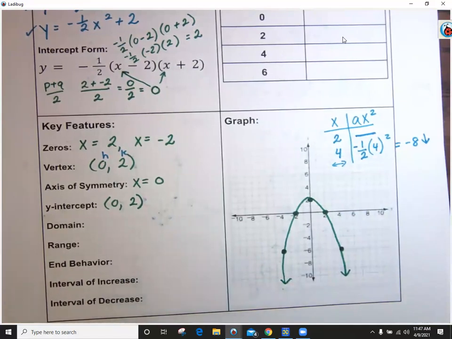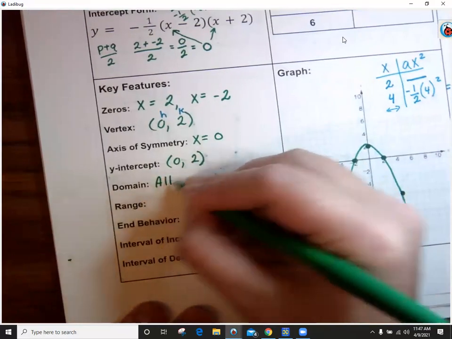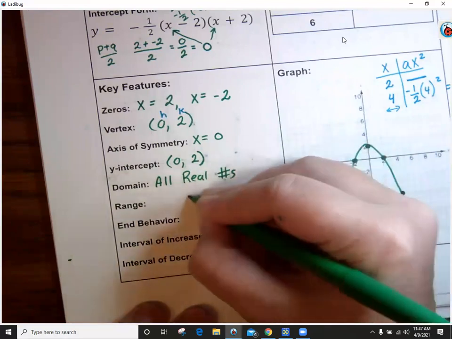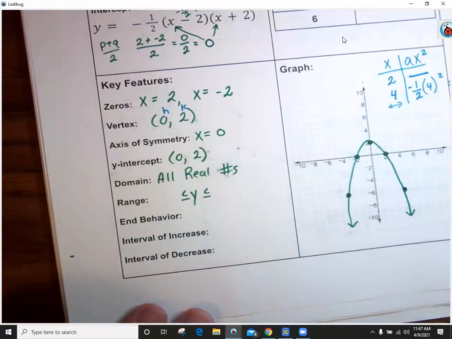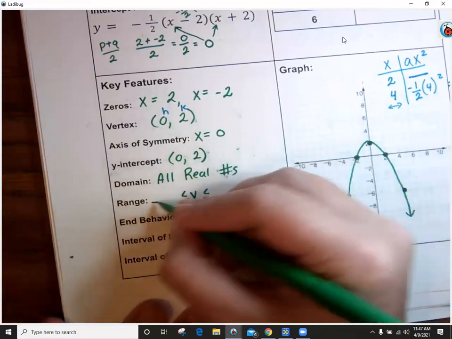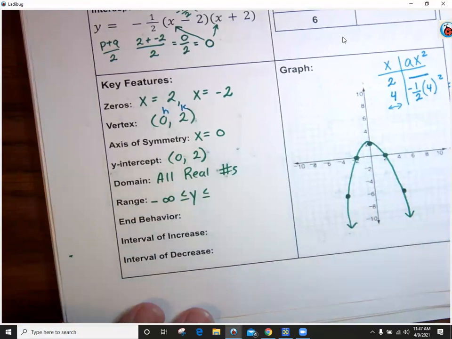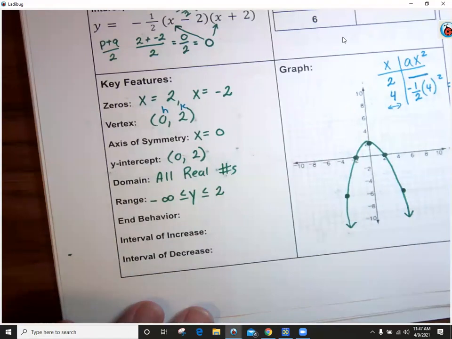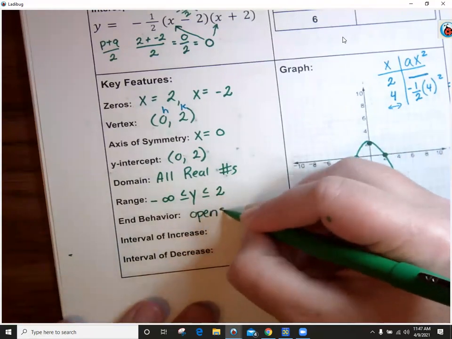And then we should be able to finish our key features. The domain would be all real numbers. For the range, we need to tell lowest and highest. This one goes down forever. What's the highest that it goes? Yep. Highest it goes is 2. In behavior, it opens down.